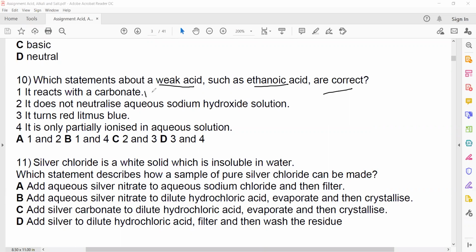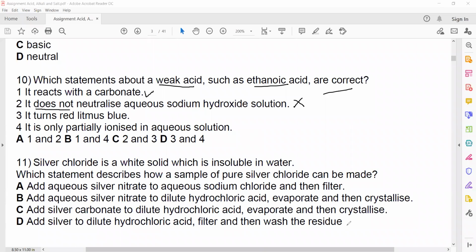So this is a tick. It does not neutralize sodium hydroxide or base. All acids can neutralize base or sodium hydroxide. So in this statement they mention it does not, but actually it does.